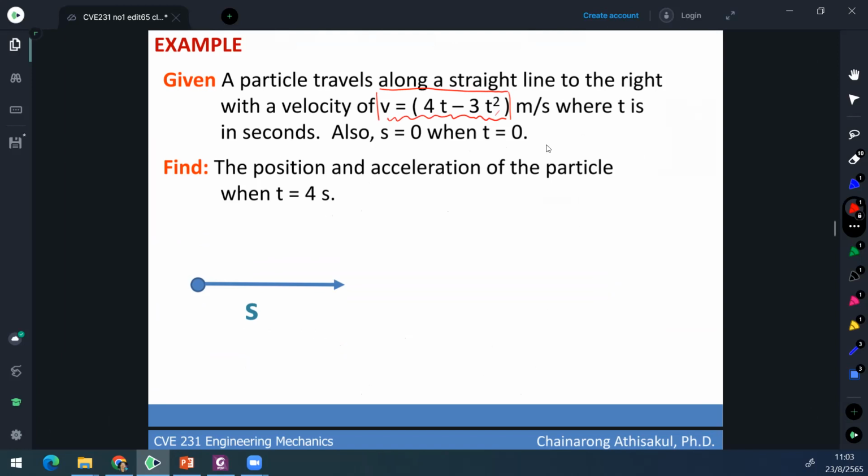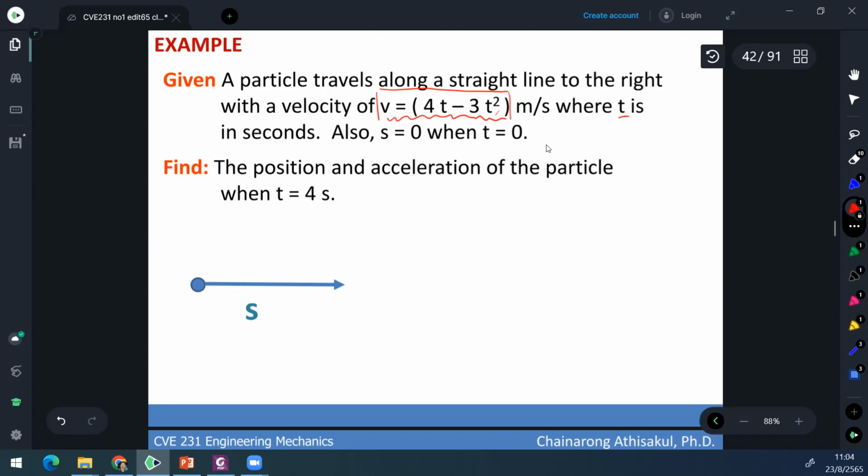If we take the derivative of this equation, we will get the acceleration, which is not constant. It should be a linear function of time. So this problem is not a constant acceleration problem.